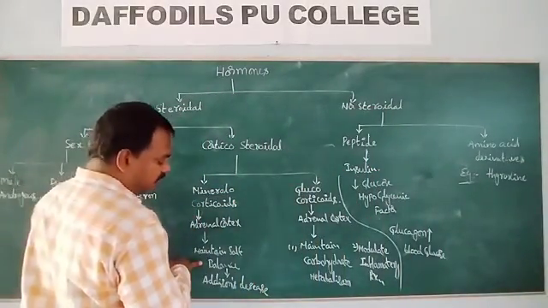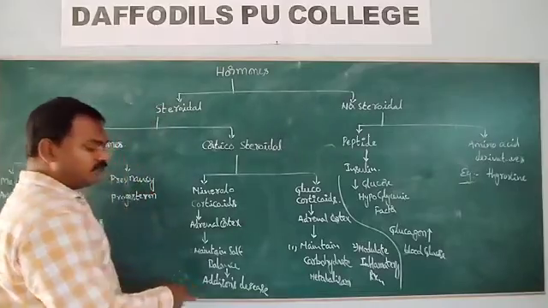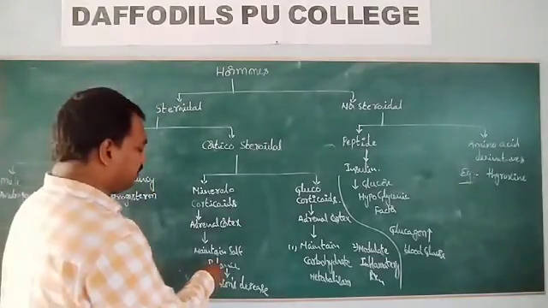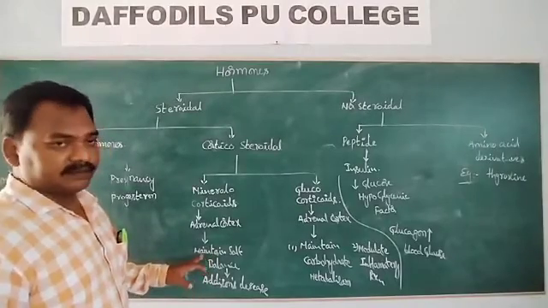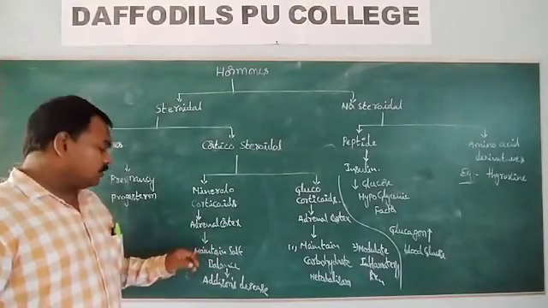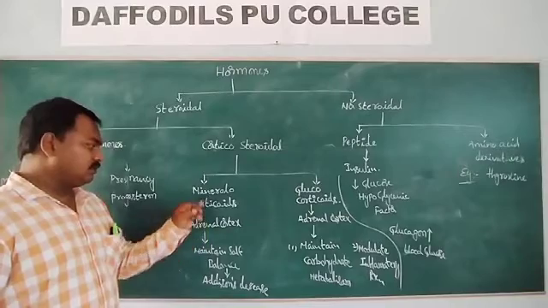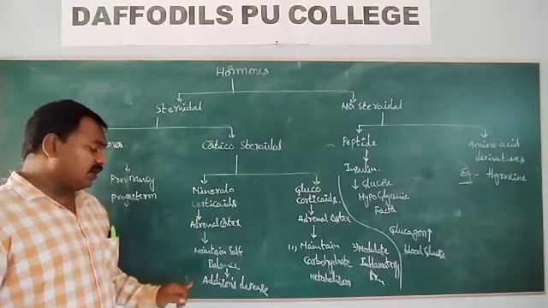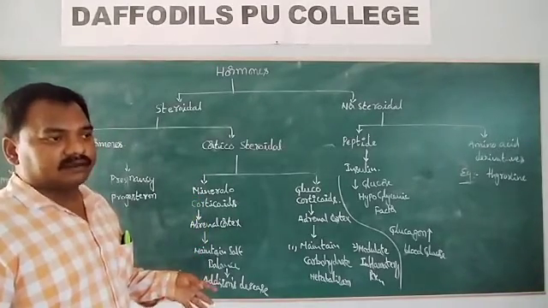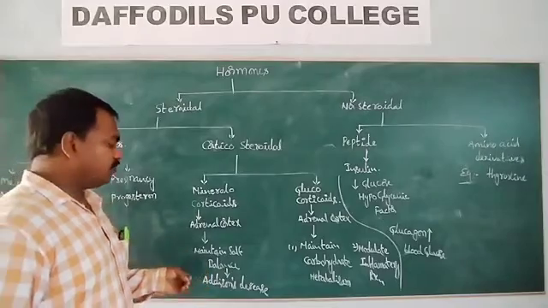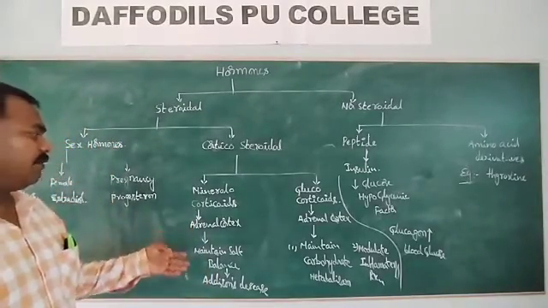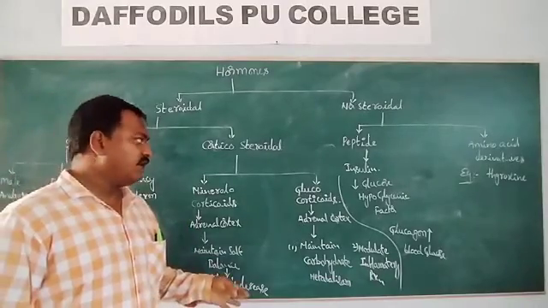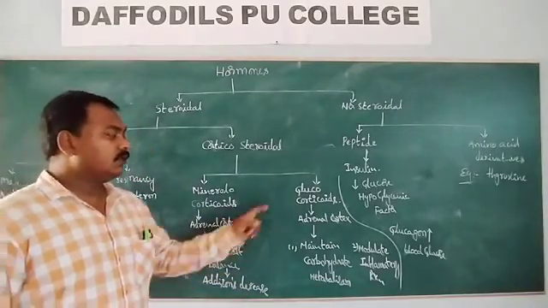Mineralocorticoids maintain the balance of sodium chloride in our bloodstream, which means they maintain the BP. They maintain mineral levels like sodium chloride and potassium levels. All these are maintained by the mineralocorticoid hormones.